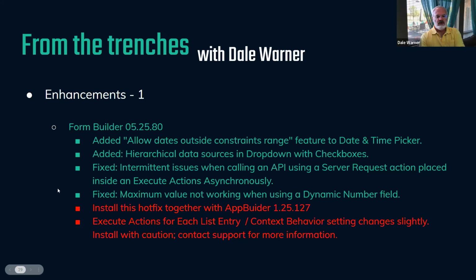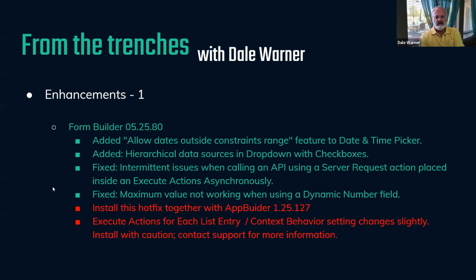We have a new experimental hierarchical data source in both dropdowns and dropdown with checkboxes. This will be useful when you're trying to expose something that has parents and children. This was a nice new feature added to forms.